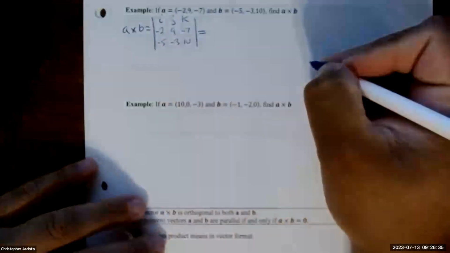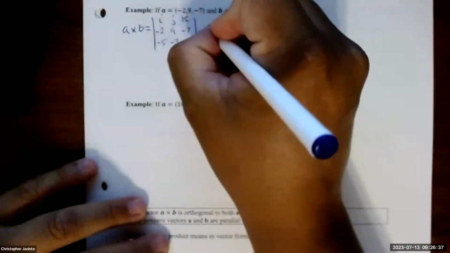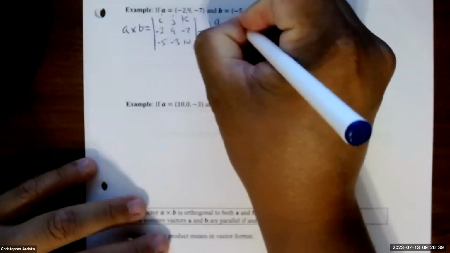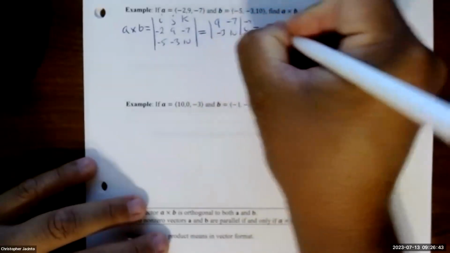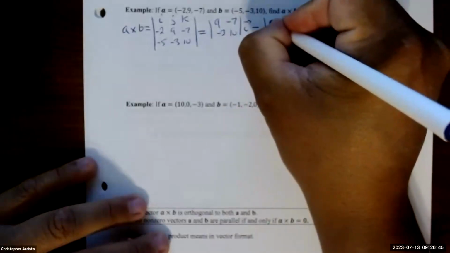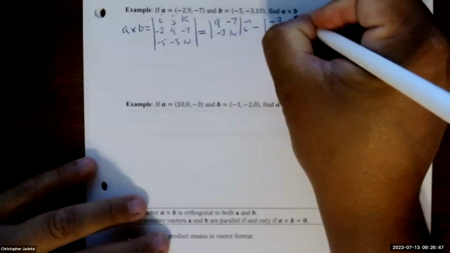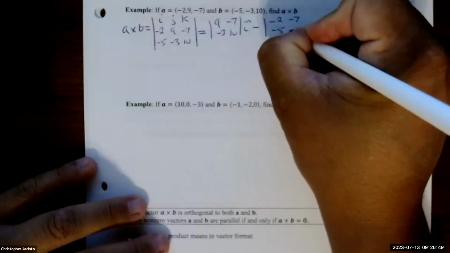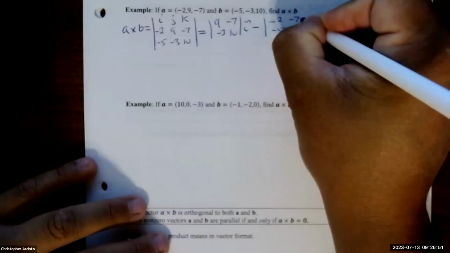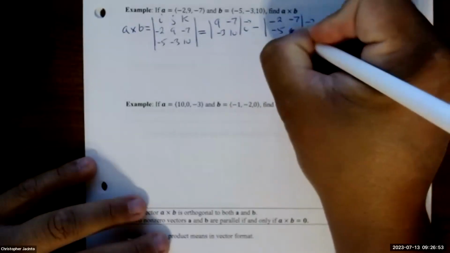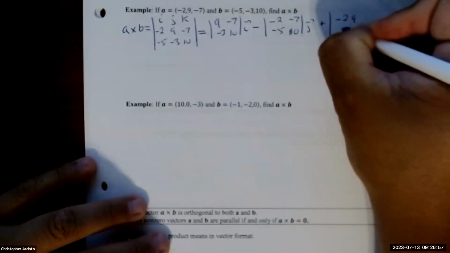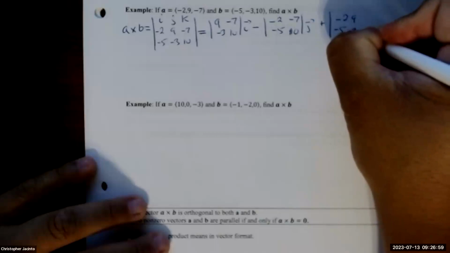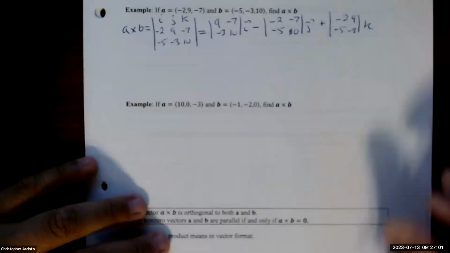So this is going to equal the determinant 9, -7, -3, 10 times I, minus -2, -7, -5, 10 times J, and then plus -2, 9, -5, -3 times K.